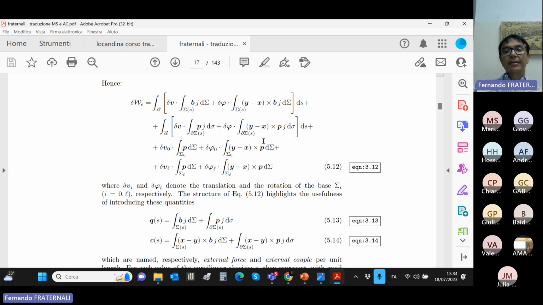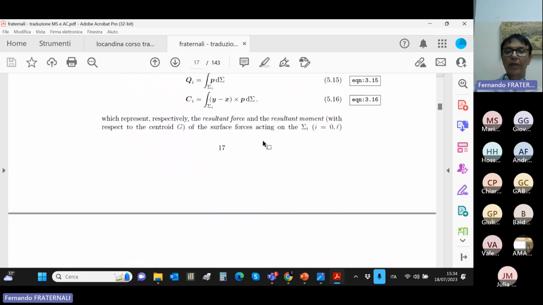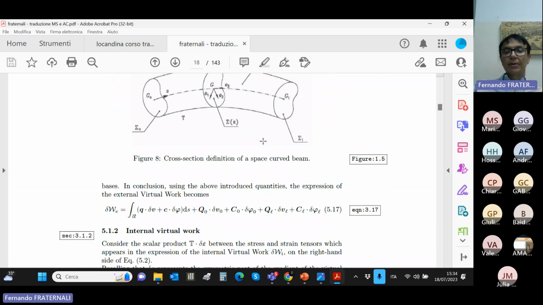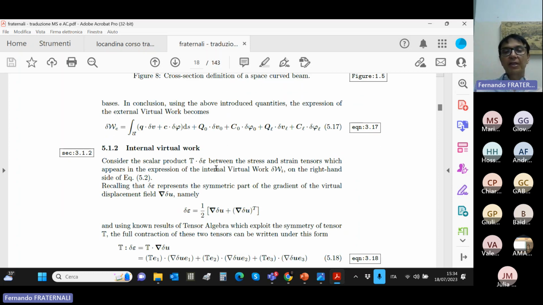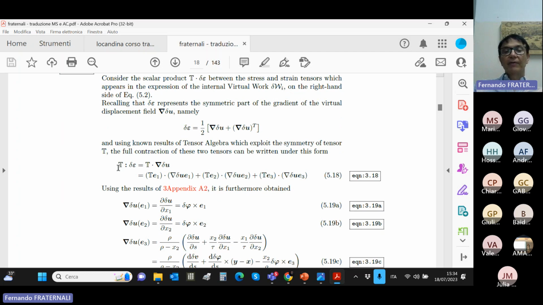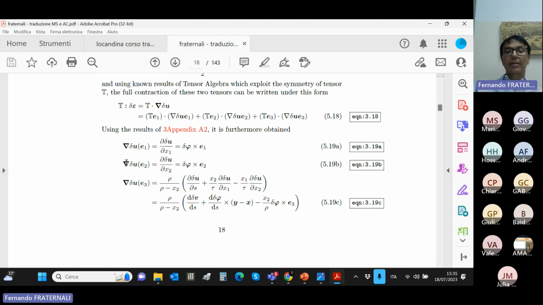I won't go through the details, but you can demonstrate the elementary passages by going through the notes. In terms of the internal virtual work, we have obtained this expression by multiplying the three-dimensional stress tensor by the infinitesimal strain tensor of a virtual displacement that we can give to the beam.